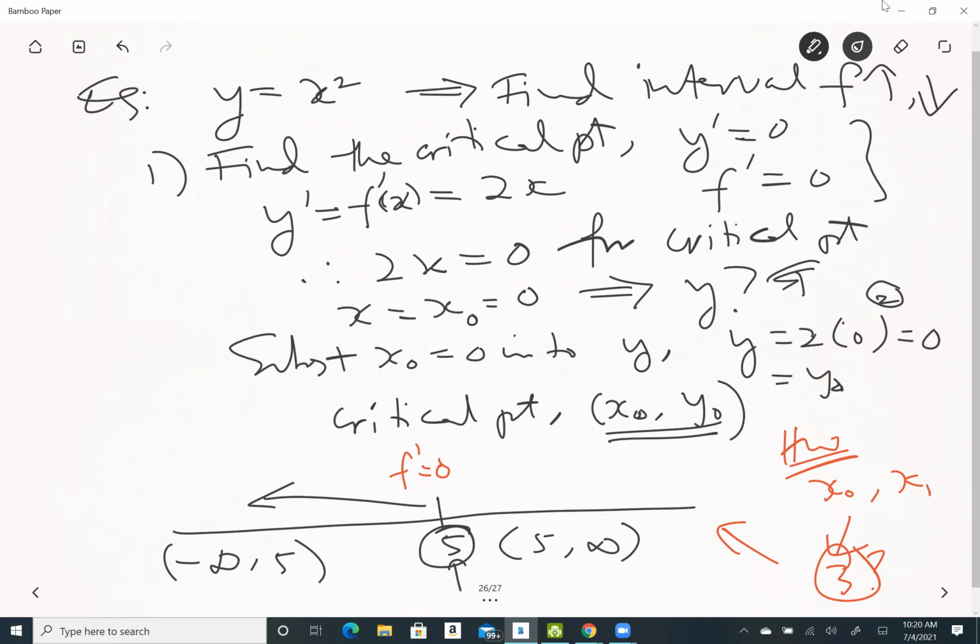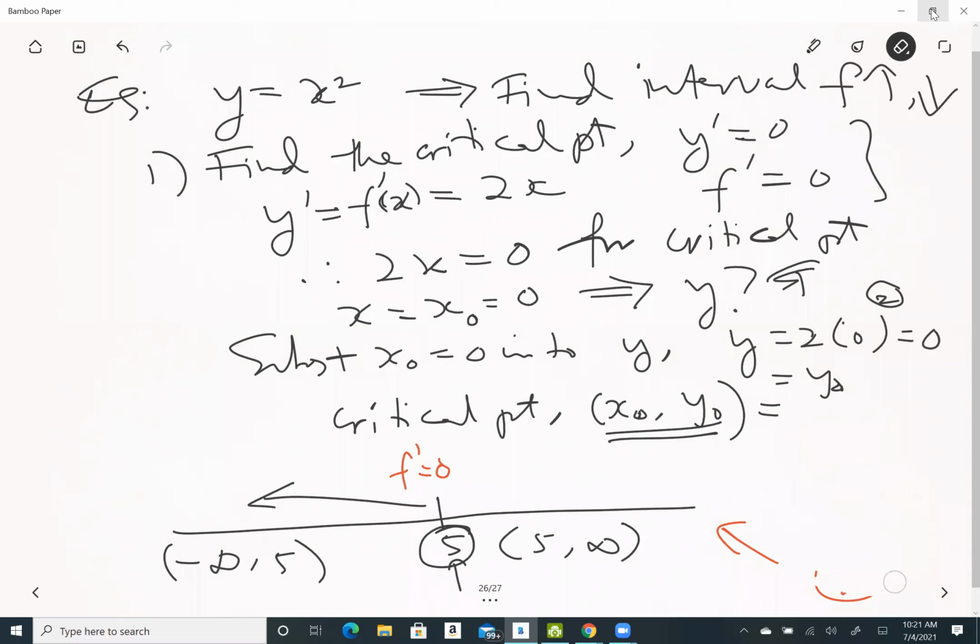So now we look at the actual point. So the critical point is 0 and 0. So the critical point is x0, y0 equal to 0, 0. That's the right thing. That was the example I was using.